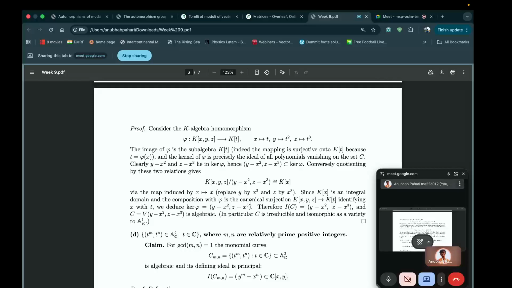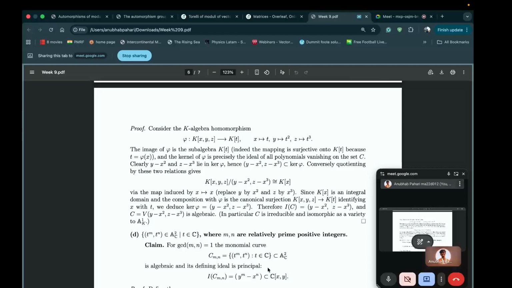Conversely, quotienting by these two relations gives k[x, y, z] / (y - x^2, z - x^3), which is isomorphic to k[x] via the map induced by x going to x, replacing y by x^2 and z by x^3. Now since k[x] is an integral domain and the composition with phi is the canonical surjection k[x, y, z] to k[t] identifying x with t, we deduce that the kernel of phi is (y - x^2, z - x^3).